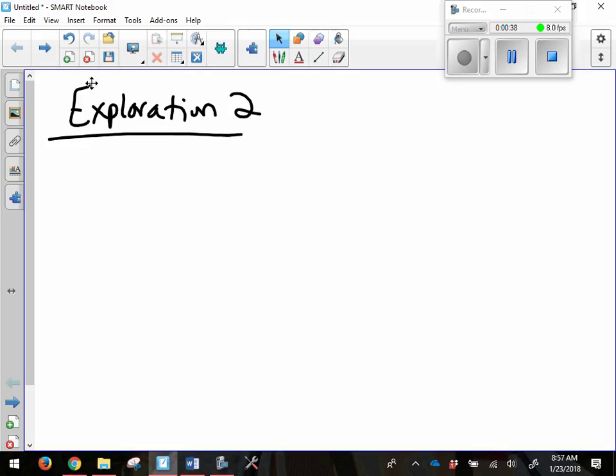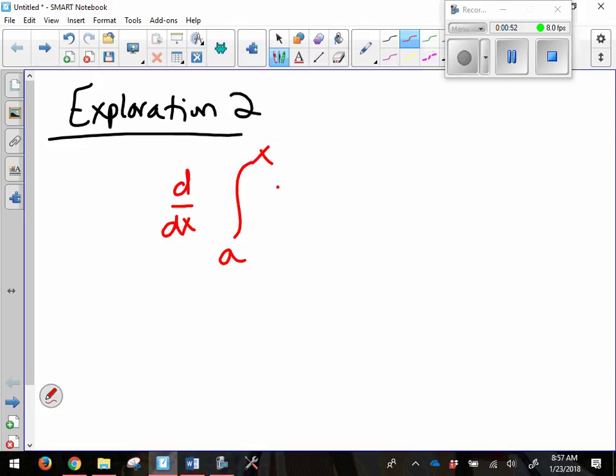So it says the first part of the fundamental theorem of calculus asserts that if we're going to take d by dx of the integral from a to x of f of t dt, that's going to be equal to f of x, right?